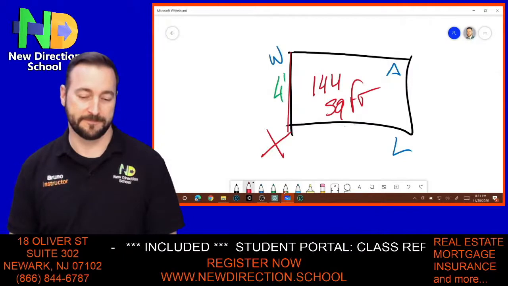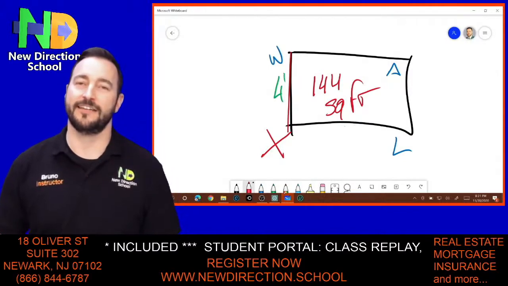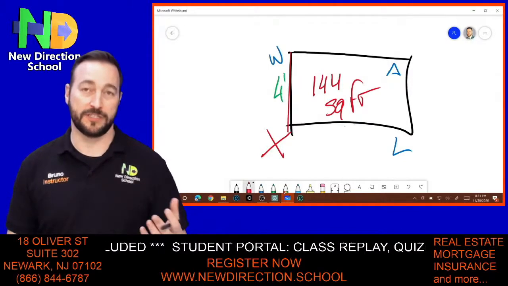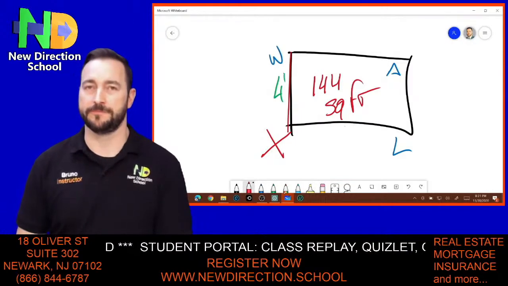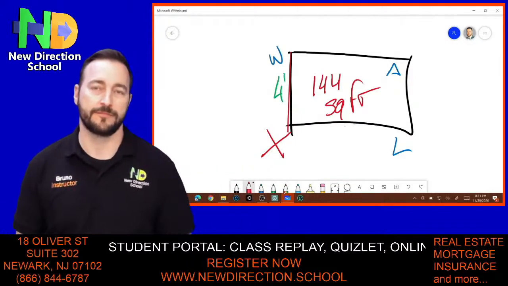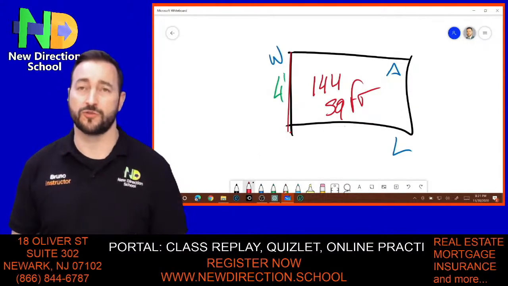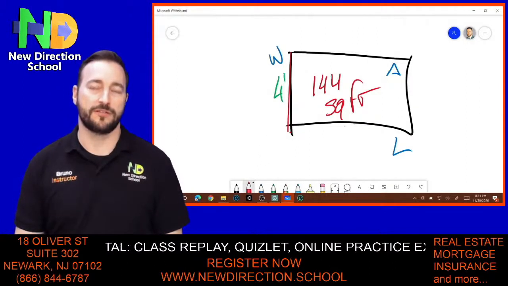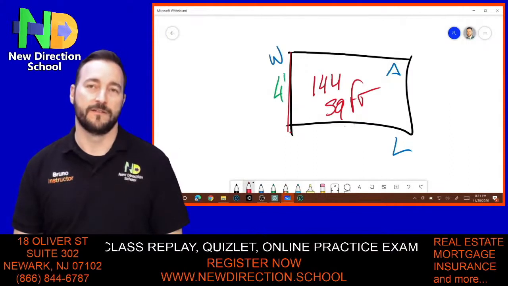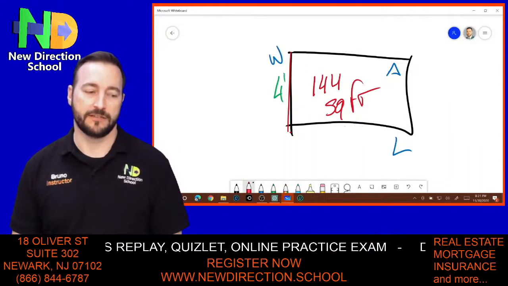Or the school exam. All right, so let's say they asked you what the area was. What if they gave you the area and asked you what was the length? So they gave you the area is 144 square feet, and the width or the height is 4 feet. What do we have to do?